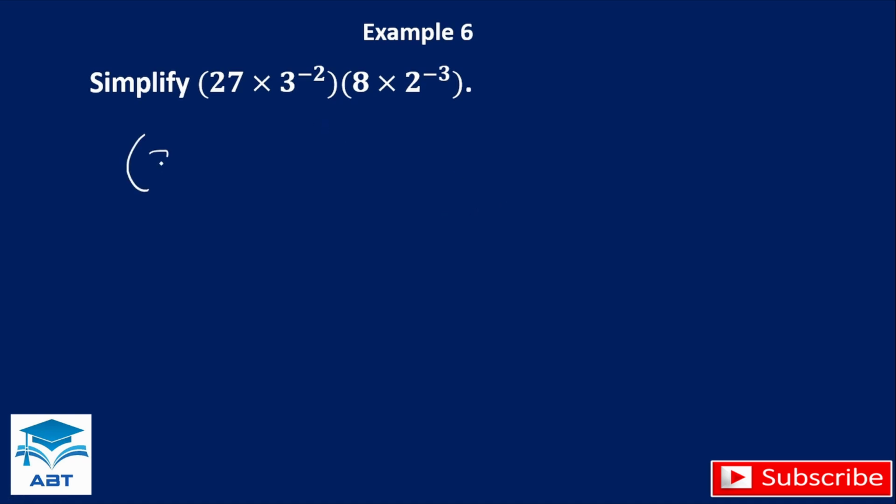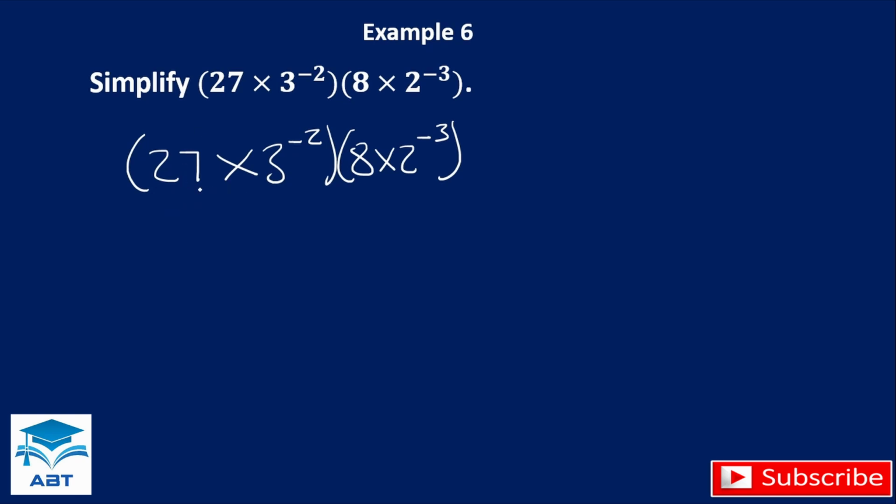Example 6. Simplify 27 times 3 exponent negative 2 in one bracket times in another bracket 8 times 2 exponent negative 3. Let's change 27 to 3 exponent 3.